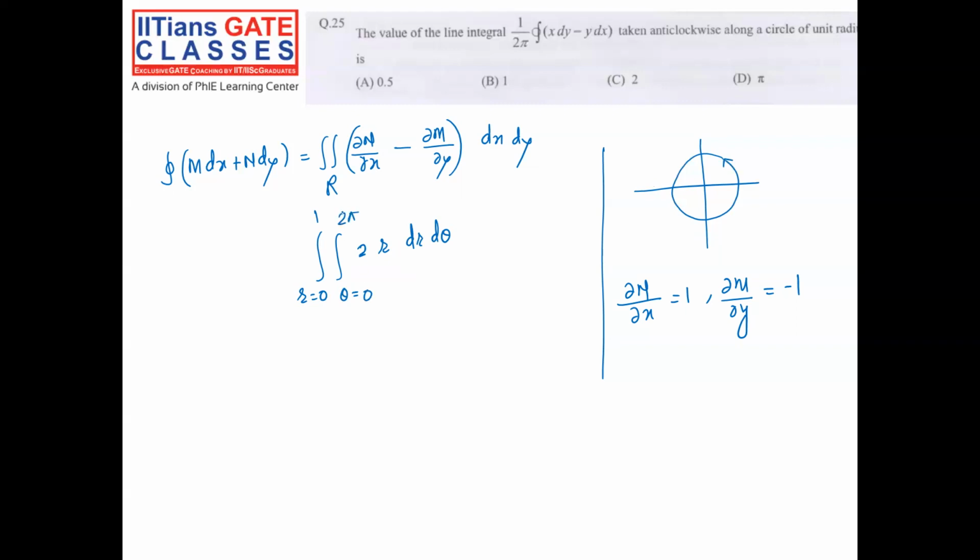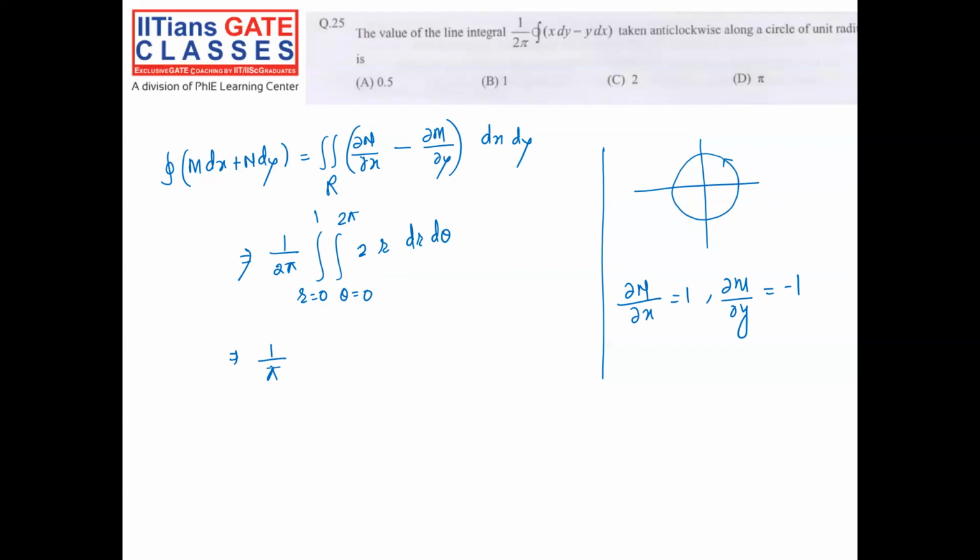Okay, and in this case we have 1 upon 2 pi already outside the bracket. So let's try to simplify it. So 1 upon 2 pi as it is, and this 2 and 2 will get cancelled out with each other. So I'll just write 1 upon pi.